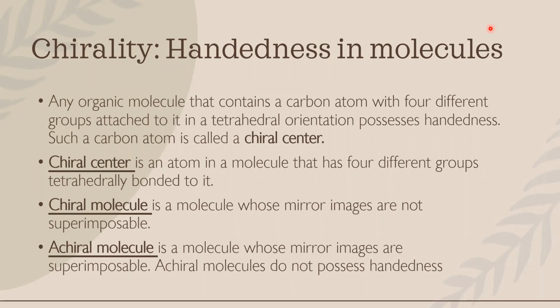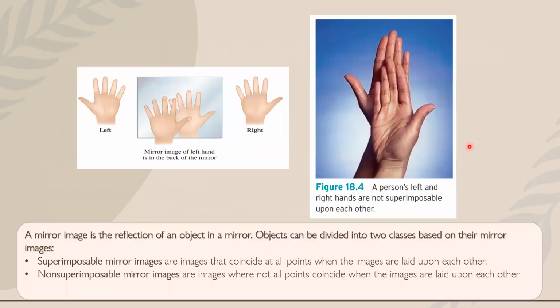So these are superimposable mirror images, structures which can be placed on top of the other structure and look the same.